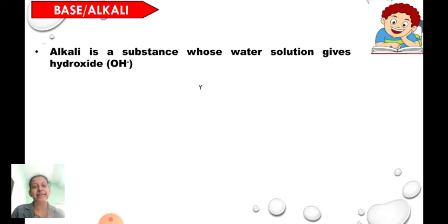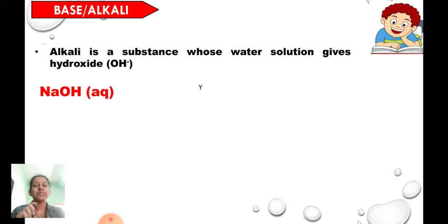Remember this: an acid gives H plus ions, whereas a base, when it is dissolved in water, is also called an alkali. Alkali gives OH minus ions or hydroxide ions. For example, sodium hydroxide is one of the bases.